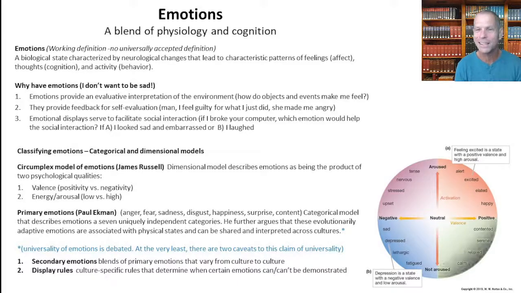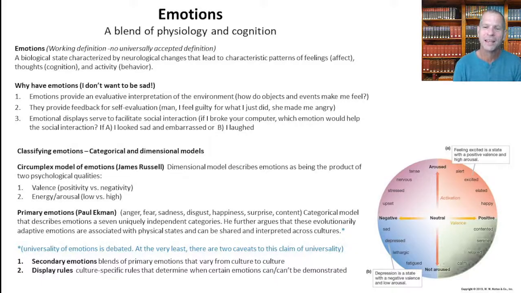What exactly is an emotion? If you're going to develop theories and test theories about emotion, it's important to define exactly what it is so that you can measure its dimensions or its qualities, if you will. And this guy named James Russell came up with a model of emotions.